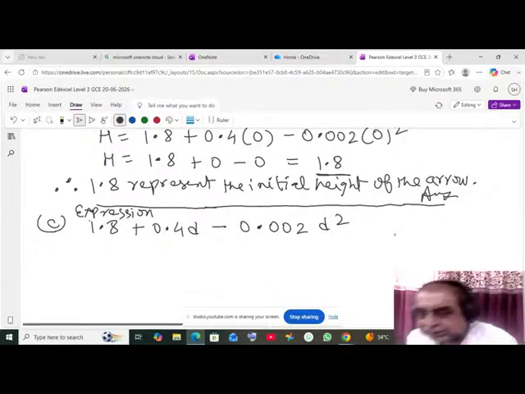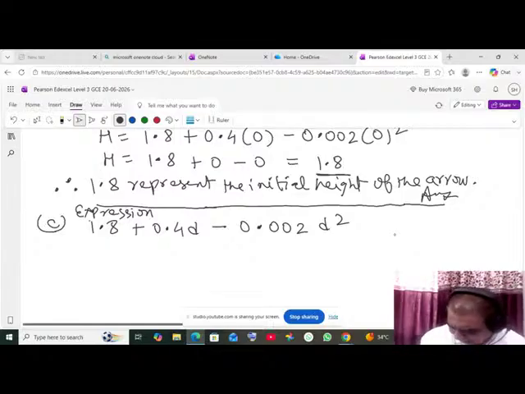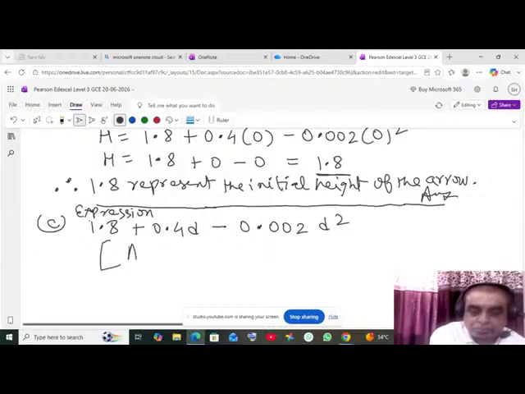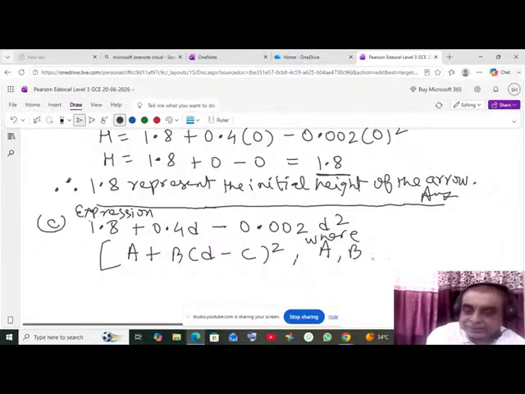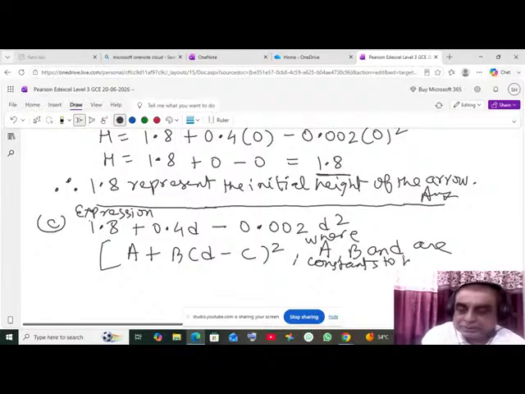We have to change this expression into the form a plus b times d minus c whole squared, where a, b, and c are constants to be found out.